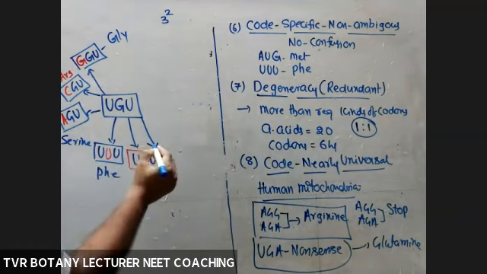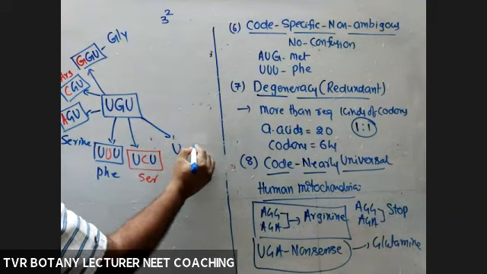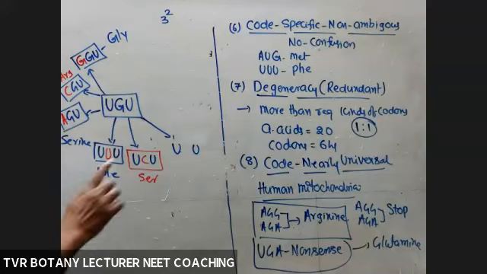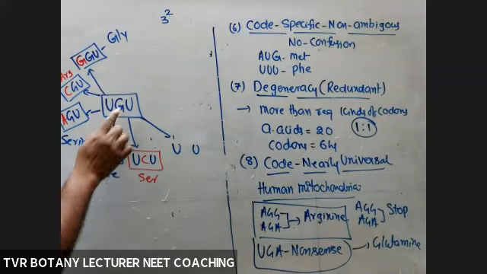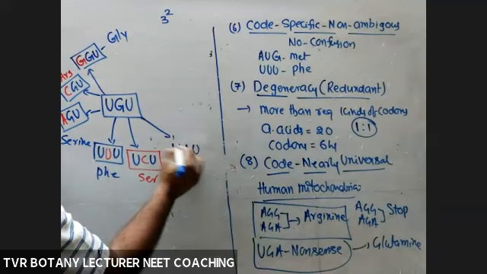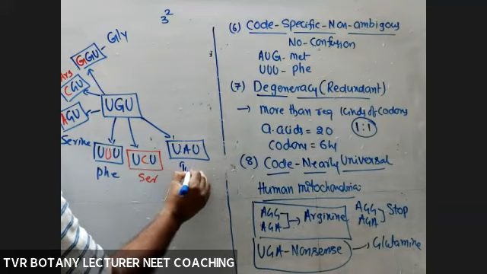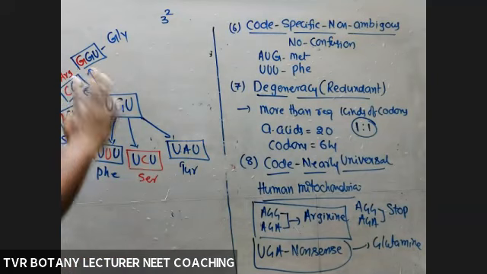Next, this one: U as it is, don't change it. Change the guanylate acid with the remaining one, which is A. U, A, U codes for tyrosine. So three completed.